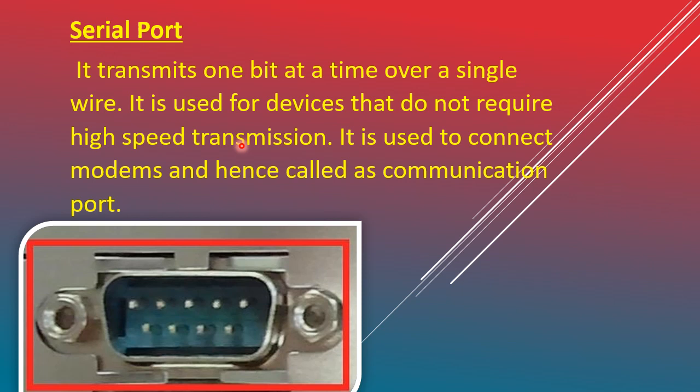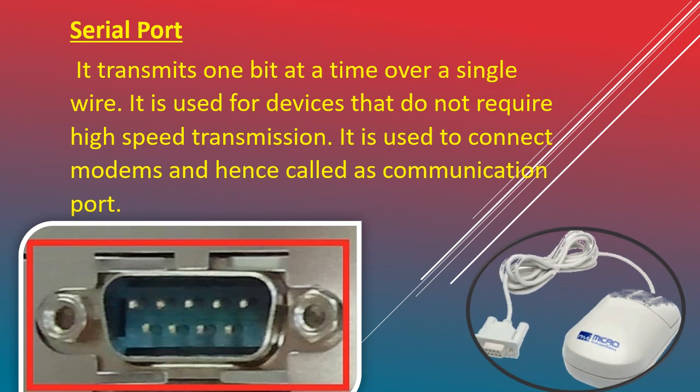It is used to connect modems and hence called the communication port. Here we see a mouse with a serial port cable to be connected to the serial port of the computer.